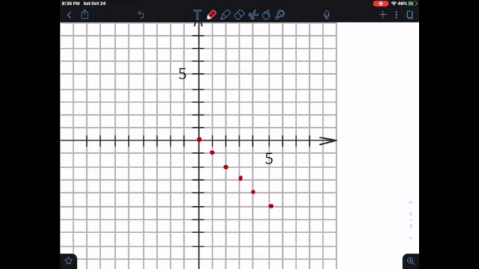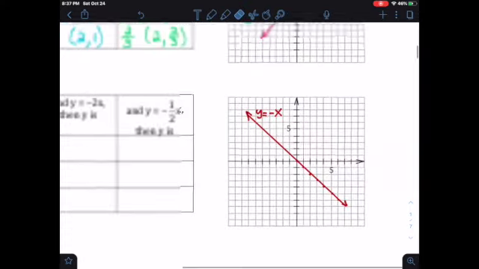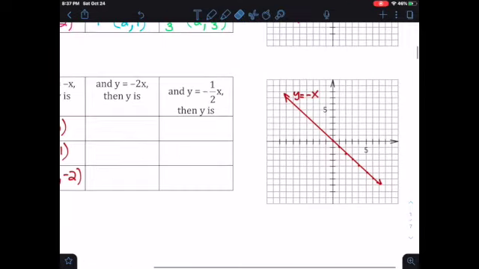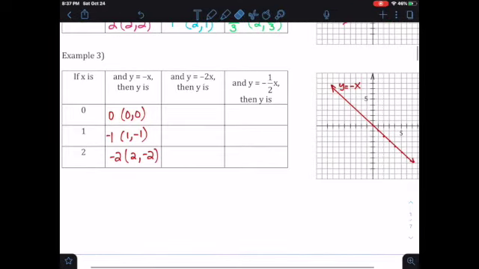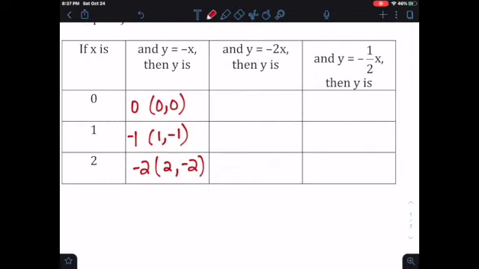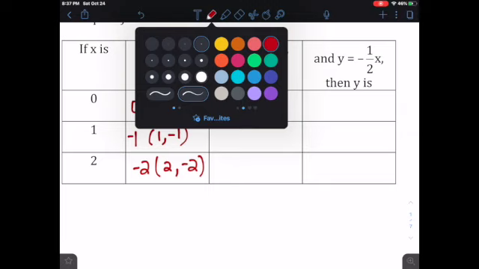Connect the dots. And that equation is going to be y equals -x. The next equation is y equals -2x. So let's use a different color.